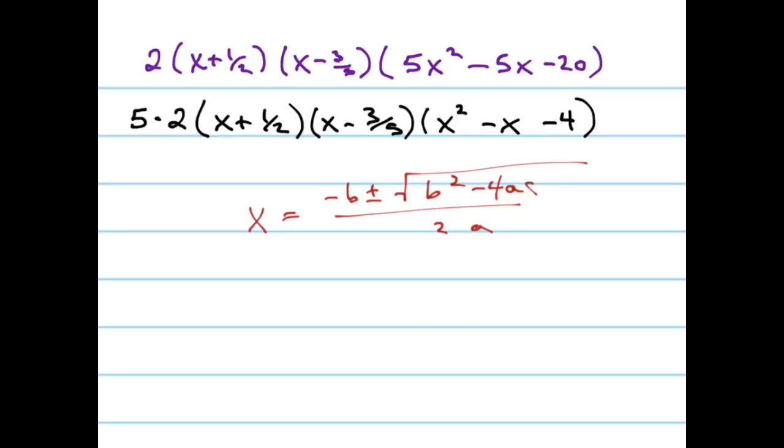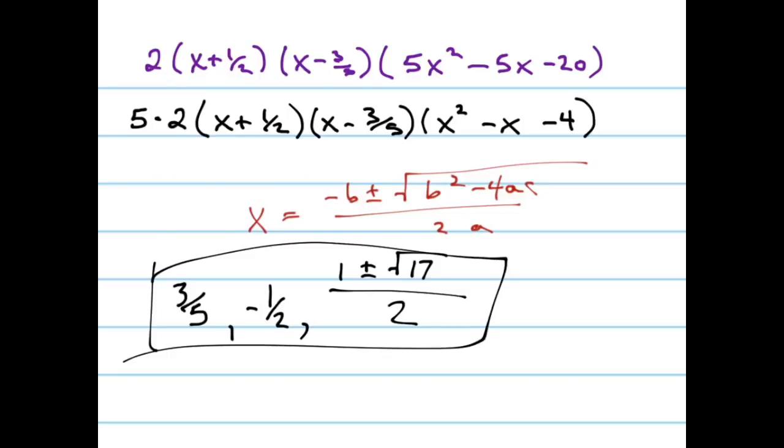So you guys know how to plug those in, right? You get 1 plus or minus the square root of 17 over 2. So there's two real solutions there. When you simplify the whole quadratic formula, that's what you're going to get. And we also already found -1/2 and +3/5. There's our real zeros.